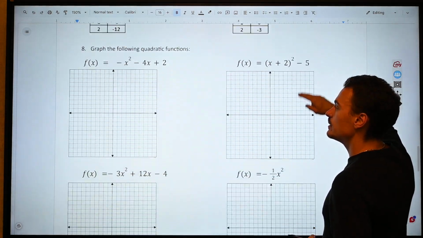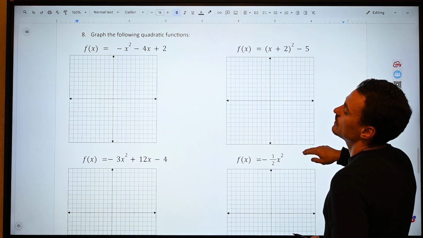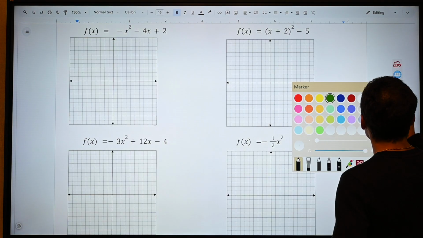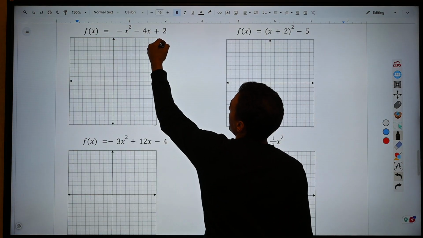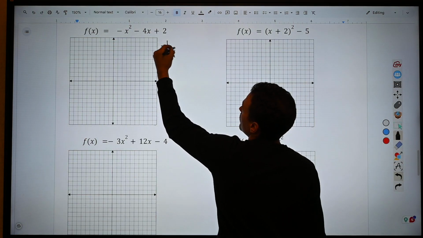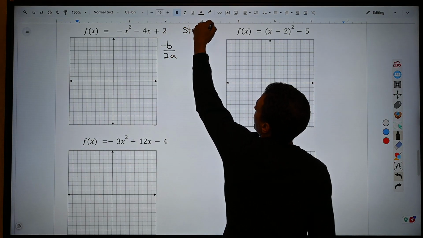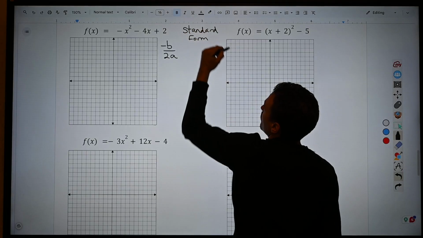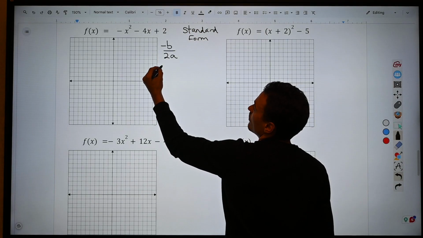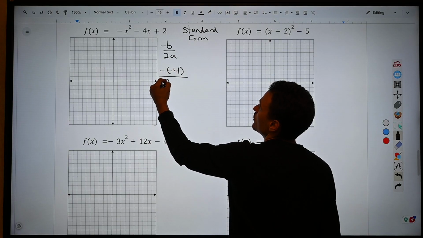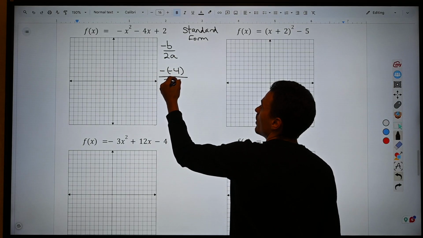All right, let's talk about number 8. So 4 graphs. I'm going to do them quickly. This is negative b over 2a, because this is in standard form. So negative b would be negative negative 4 over 2, and then a is negative 1.